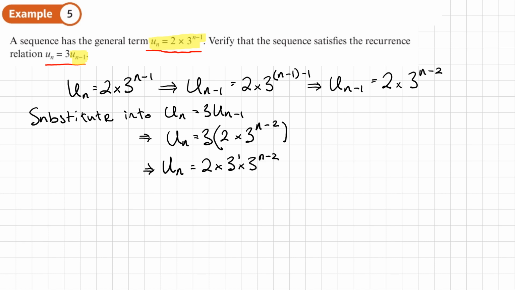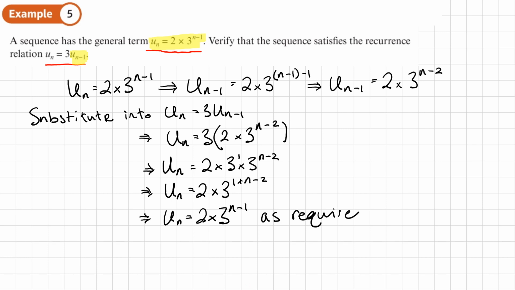So this is the same as power 1, which means we just add the powers of the 3 because we've got the same base. So 2 times 3 to the power of 1 plus n minus 2. So that will give us un equals 2 times 3 to the power n minus 1, which is what we started with here. So we've proved it as required.